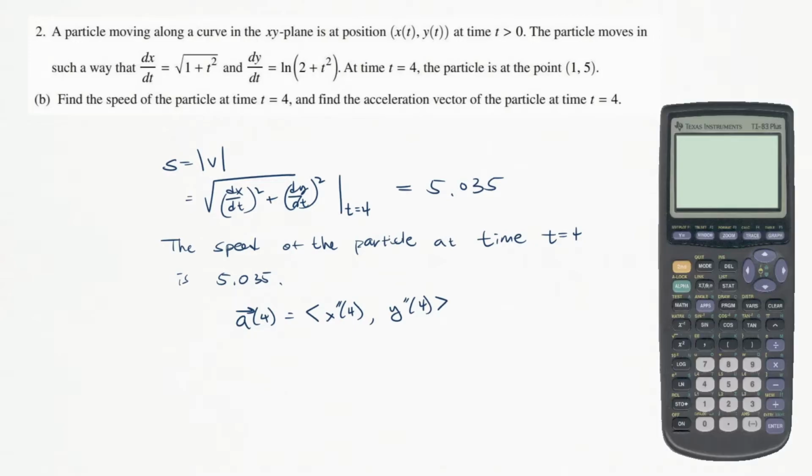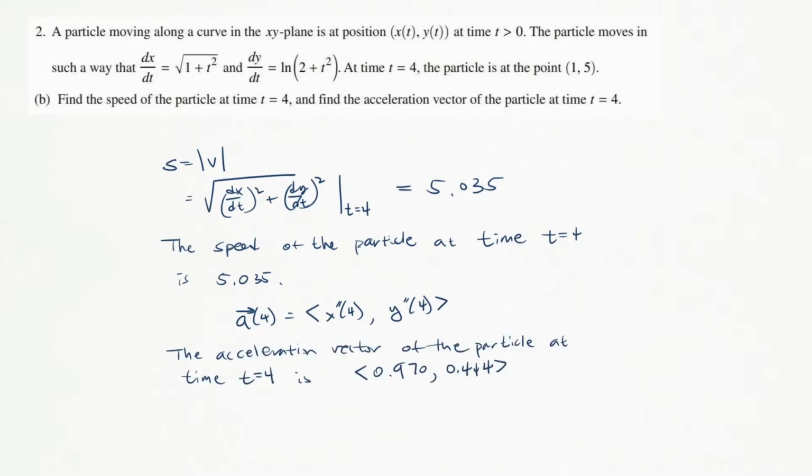Let's bring out our calculator and calculate this by going to math and derivative of y1 at x equals 4, and also the same for y2. And there's my acceleration vector. So the acceleration vector of the particle at time t equals 4 is 0.970, 0.444.